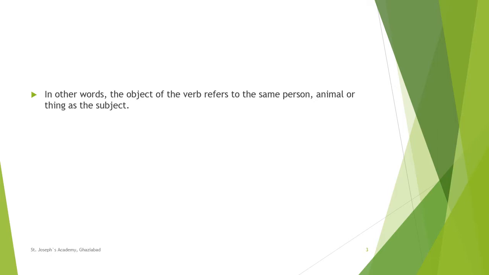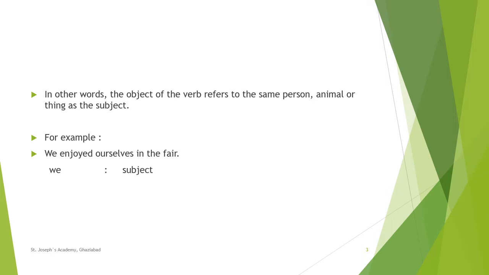So, in reflexive pronouns, the object of the verb refers to the same person, animal, or thing as the subject. For example, we enjoyed ourselves in the fair.